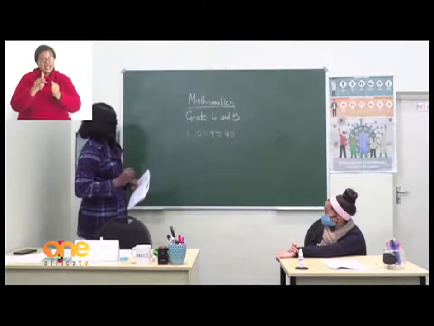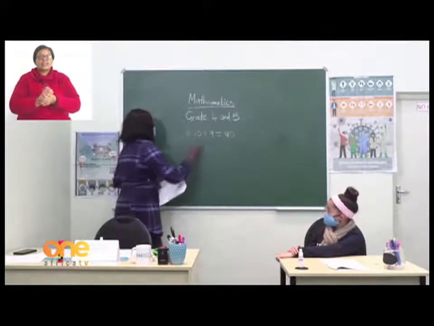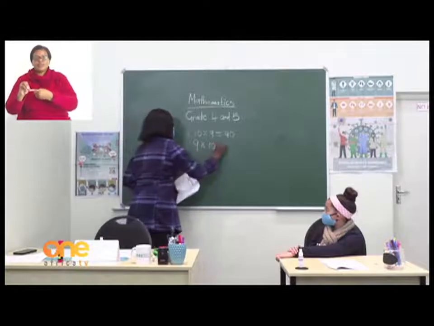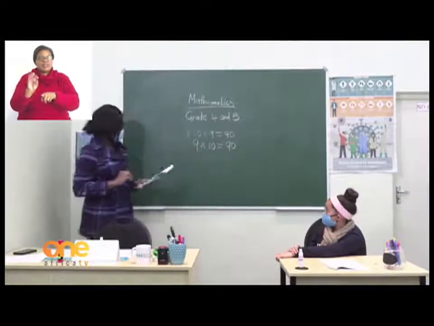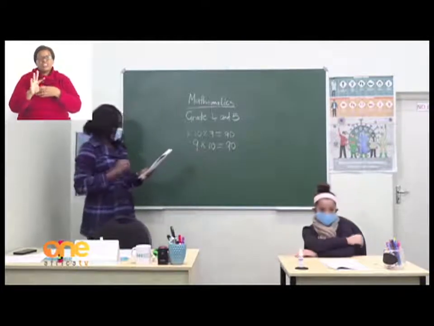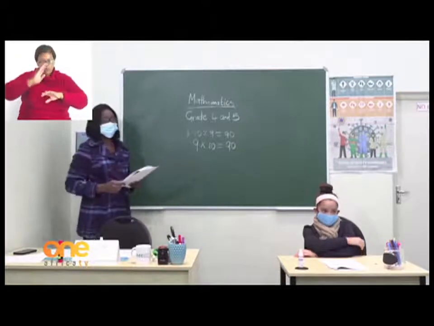But the product should stay the same. So when we are switching the numbers, we start with 9 times 10. And our product will stay the same. Boys and girls, we are done applying commutative property of multiplication. Thank you. Stay tuned.